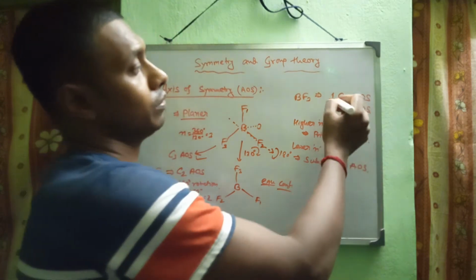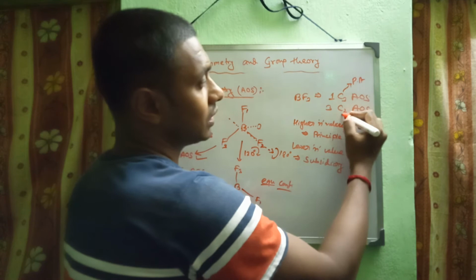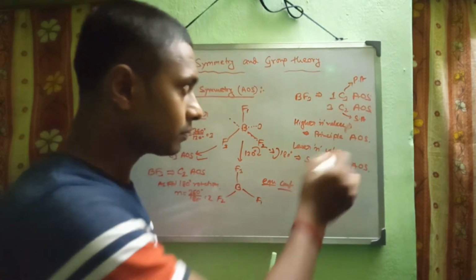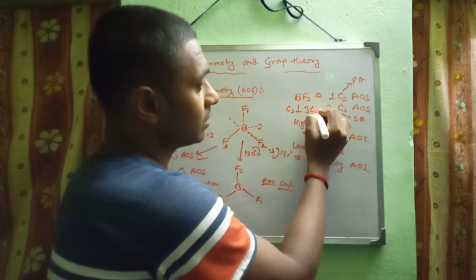So for BF3, C3 is the principal axis of symmetry and C2 is the subsidiary axis of symmetry. Clear? And also this C3 axis of symmetry is perpendicular to the 3 C2.